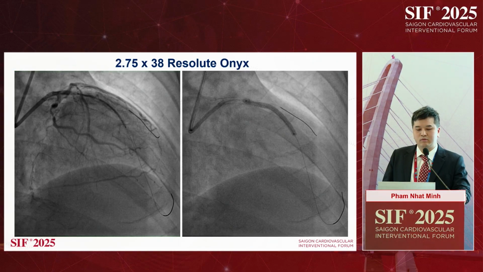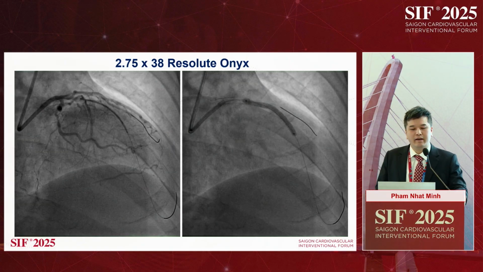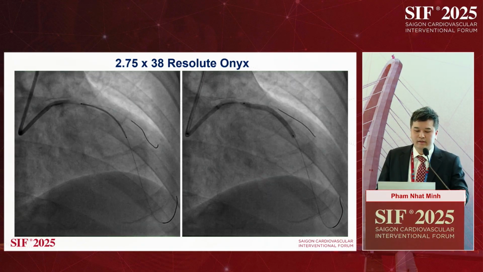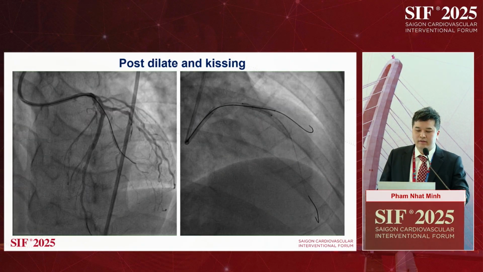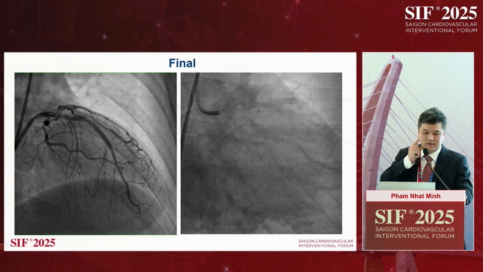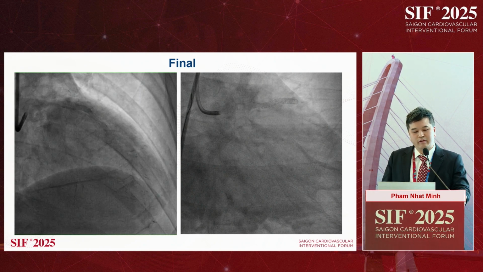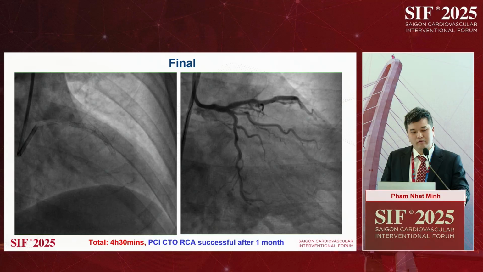We put in just one stent, a 2.75 by 38 Resolute Onyx, and did kissing balloon for the side branch, and this is the final result, which shows a quite favorable result for the CTO of the LAD.